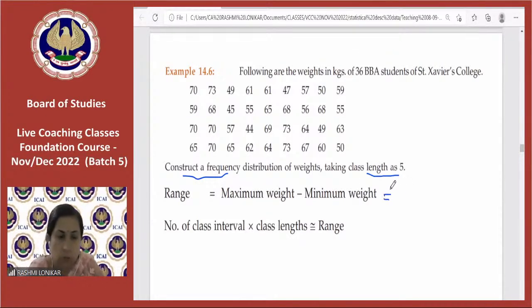Range is how much? What is the maximum? 73 minus the minimum weight. 44 is also there.